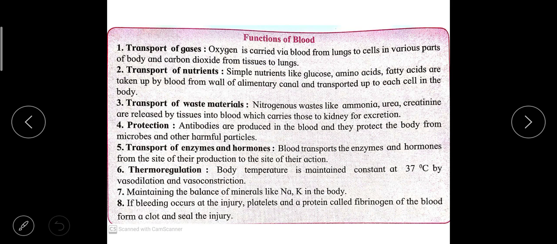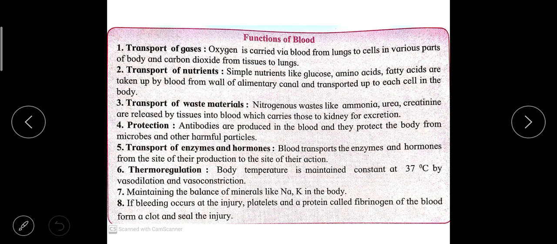Next is the transport of enzymes and hormones. Blood transports enzymes and hormones from the site of their production to the entire body or to the site of their action. Now next is thermoregulation. Body temperature is maintained constant at 37 degrees Celsius by vasodilation or vasoconstriction.